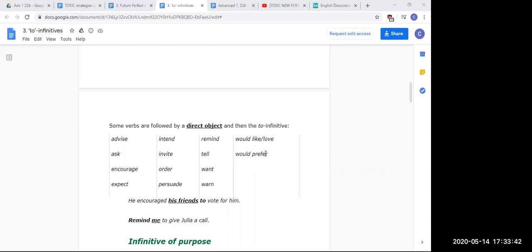So with most of these examples, we would be using people. So the people that you want to advise, or invite, or order, or persuade, or warn. Okay, so most of these are actions where you want someone to do something.